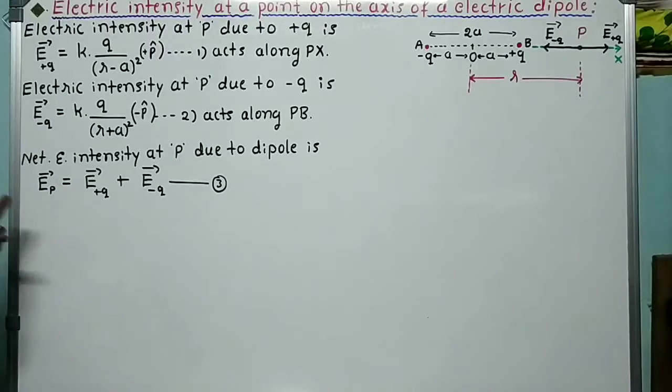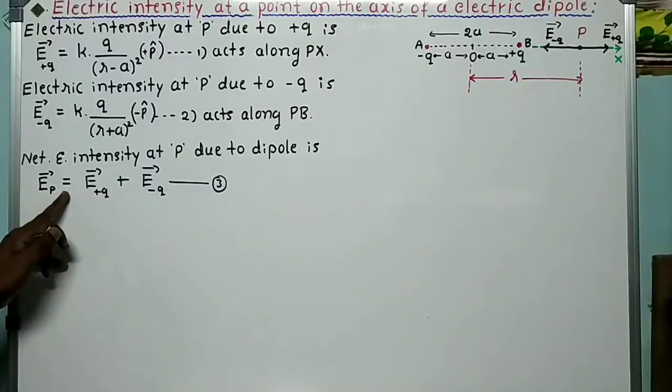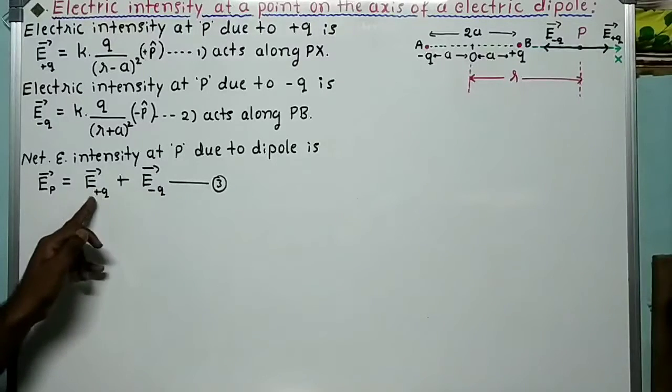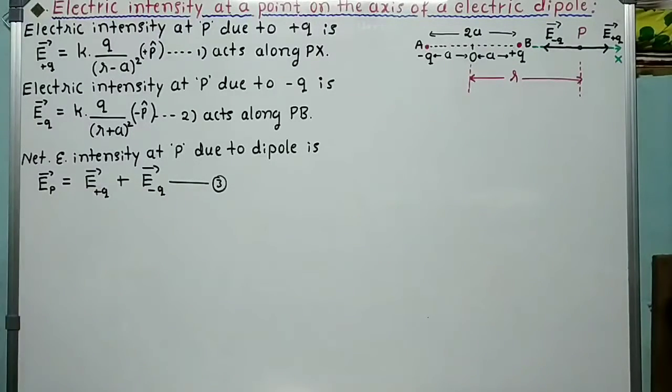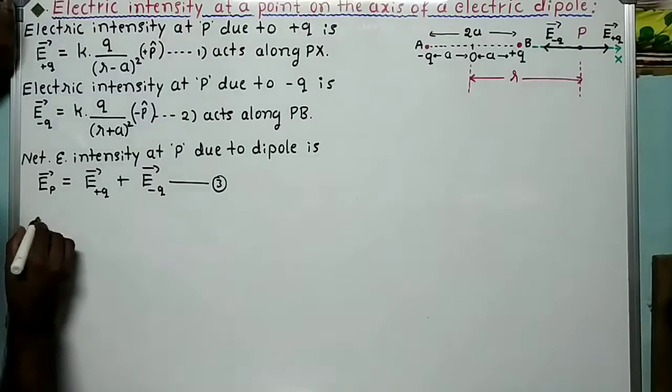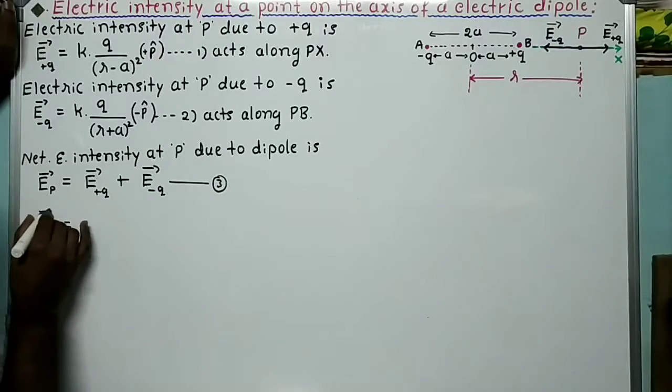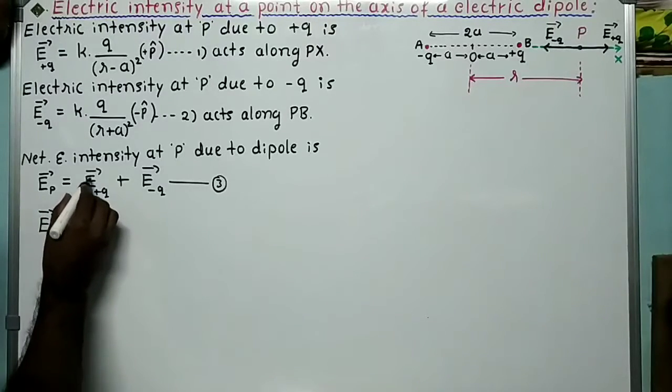That is, the net electric intensity at a point P is always equal to the vector sum of the electric field due to the positive charge and the negative charge. See here, now the electric intensity at point P, vector EP, is equal to, what is E plus Q?